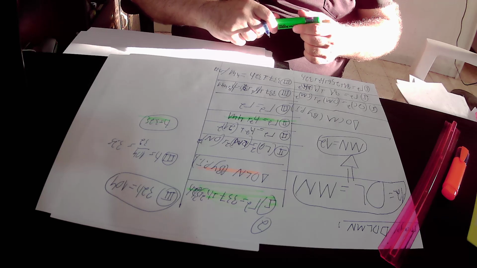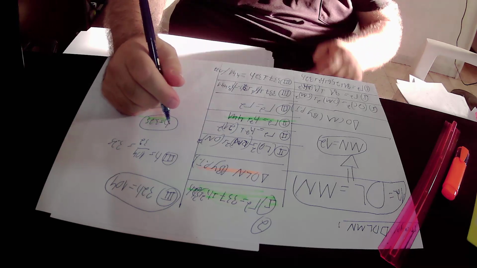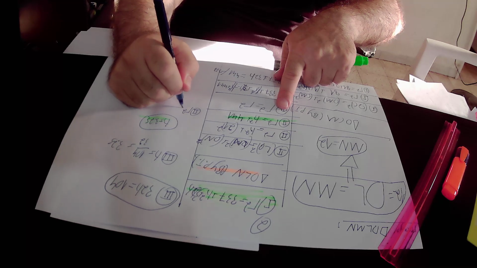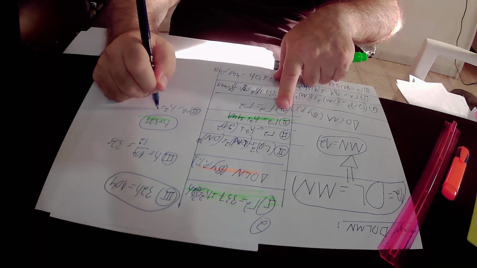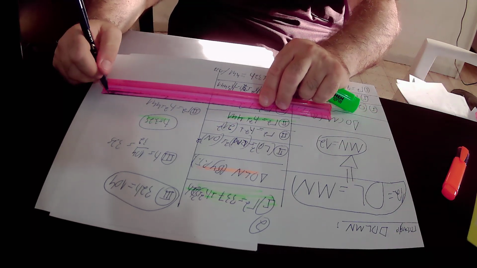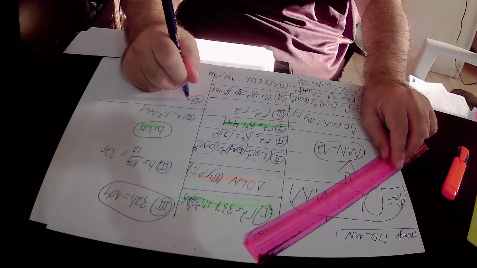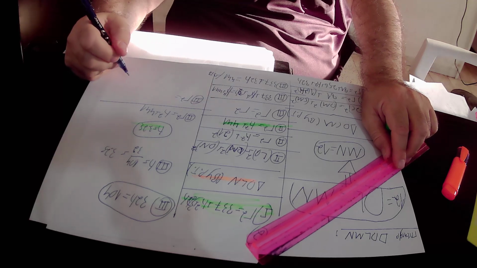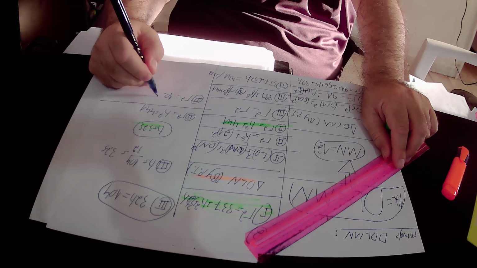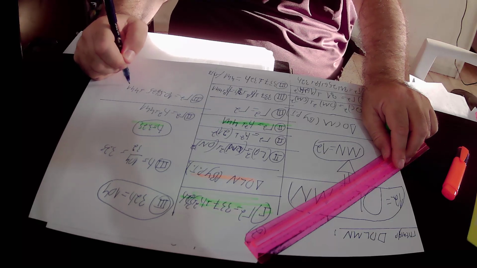According to equation number 2, r squared equals h squared plus 441. H equals 3.25, therefore h squared will be equal to 10.5625 plus 441.